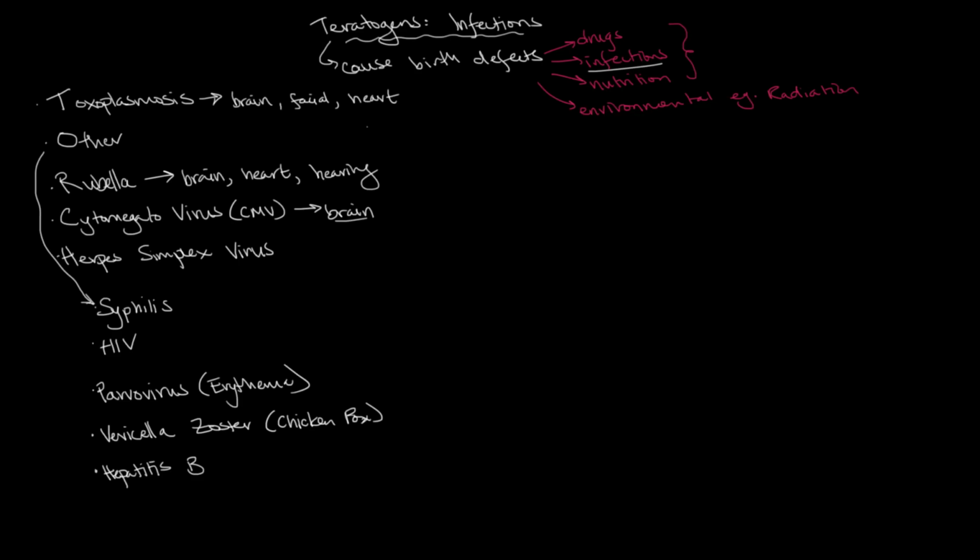Okay, so we're just going to go through how you develop each of these and possible ways to avoid them, and then possible ways to treat them if you do get exposed or you do develop some of these illnesses. So toxoplasmosis usually comes from food, specifically meat. It can also come from owning cats as pets.